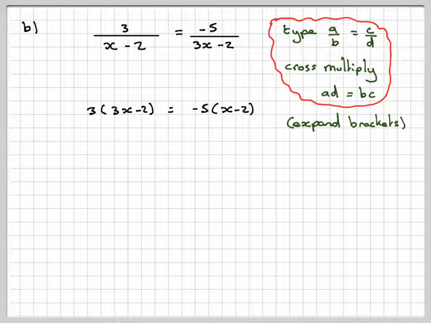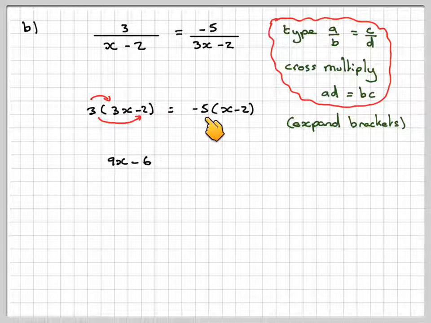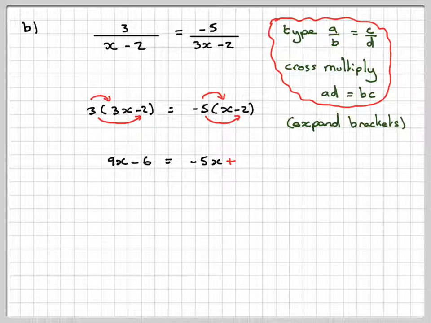So 3 times 3x gives you 9x, 3 times minus 2 gives you minus 6. Now being careful because we've got a minus 5 outside the bracket this time, we've got minus 5x, and then minus 5 times minus 2, well, minus times a minus gives me a plus, and 5 times 2 gives me 10, so we get plus 10.